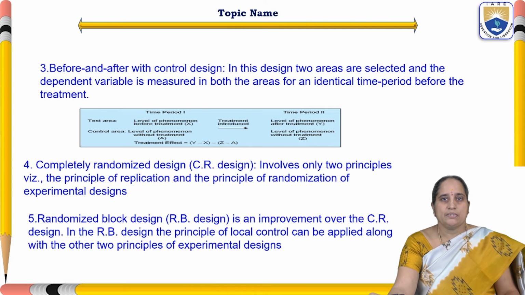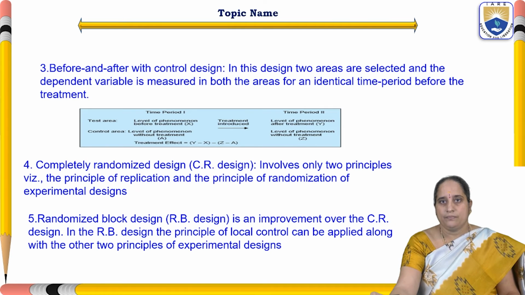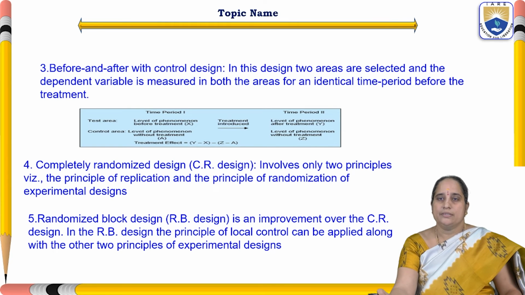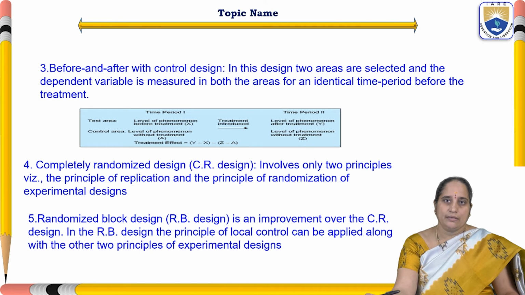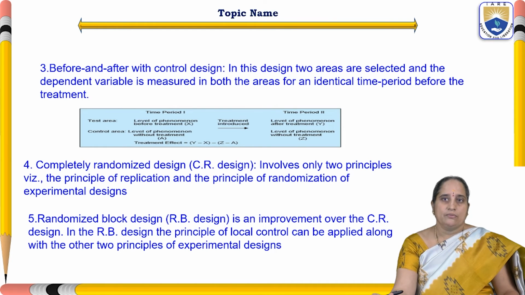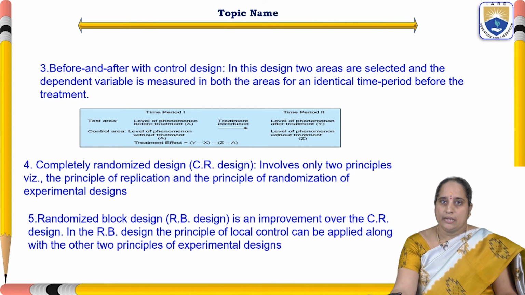Then the next one is before and after with control design. In this design, two areas are selected, like how we selected in the previous one, after only with control design. One is the test area, another one is the control area, and the dependent variable is measured in both areas for an identical time period.